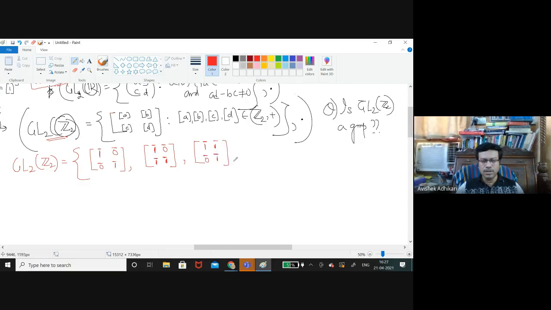Very good. Any other element? Now just rotate this. So 0110.